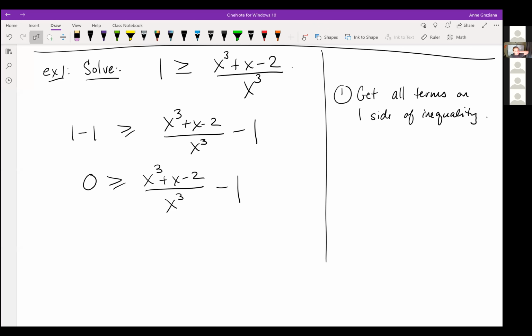Okay, so see how the zero is on the left side? That's not necessarily wrong, but we just like to read these left to right. So I'm going to move this fraction over to the left side. And I want 0 over here, but I'm not trying to change anything.